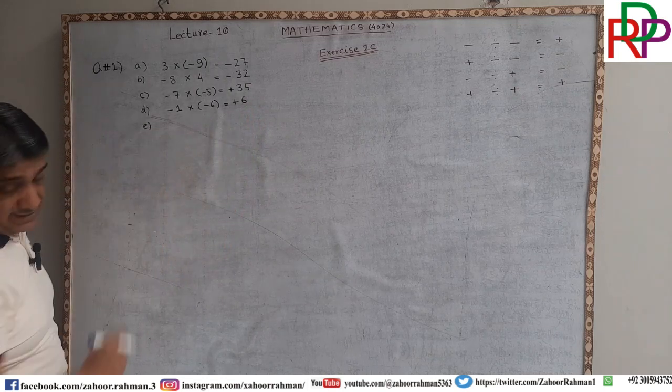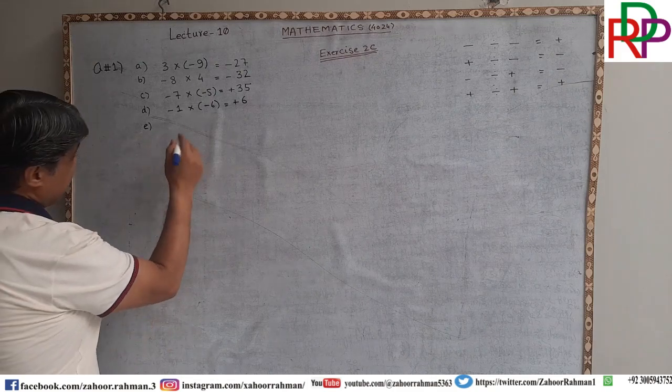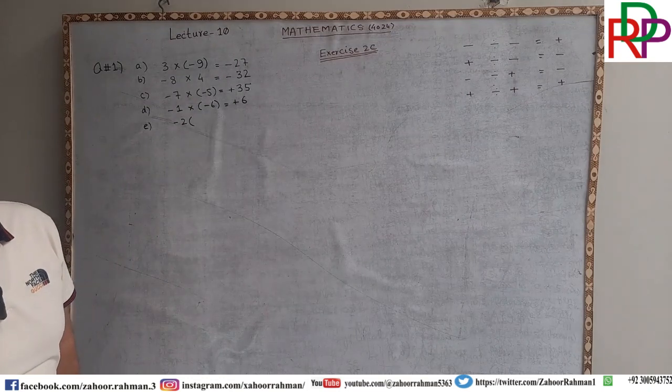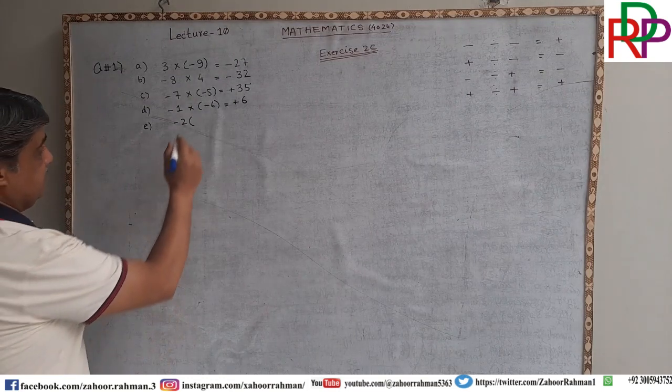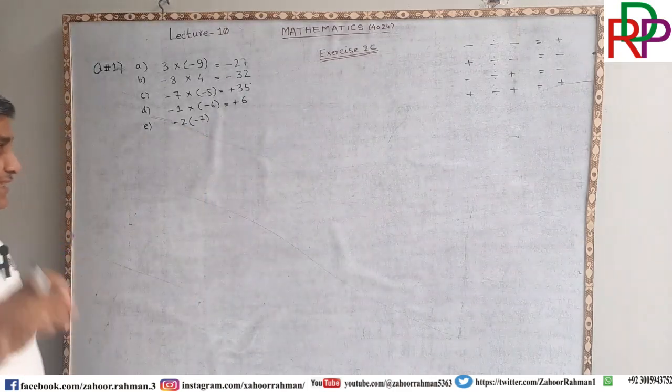E part is saying minus 2 into minus 7, and this is another way of multiplication. Let me clear one thing here.